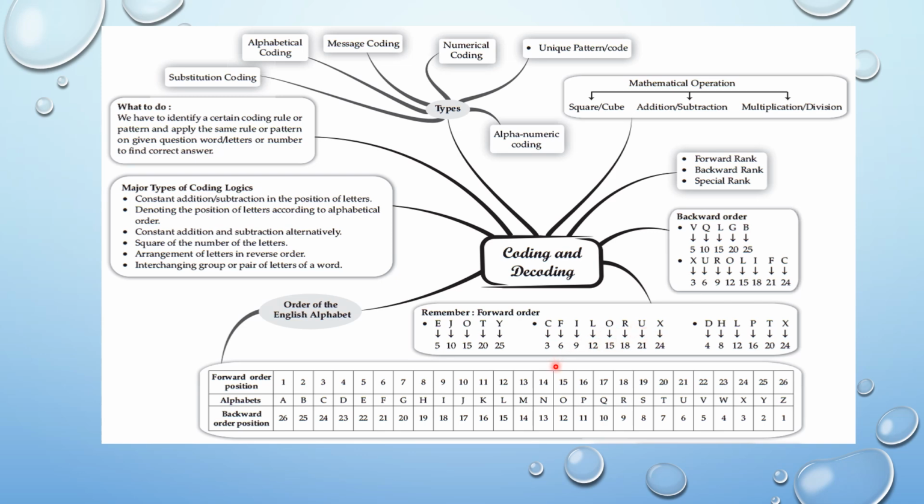CFILORUX 3 6 9 12 15 18 21 24. DHLPTX 4 8 12 16 20 24. Forward order position 1 to 26, A to Z. Backward order position 26 to 1.